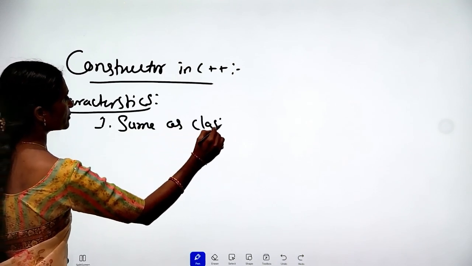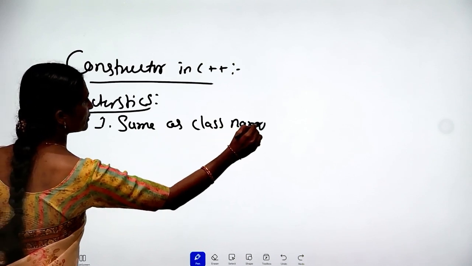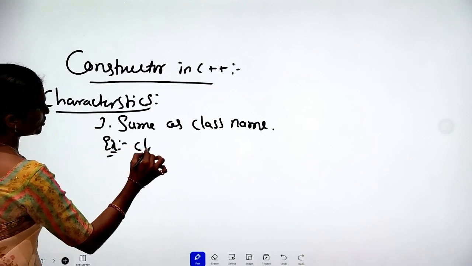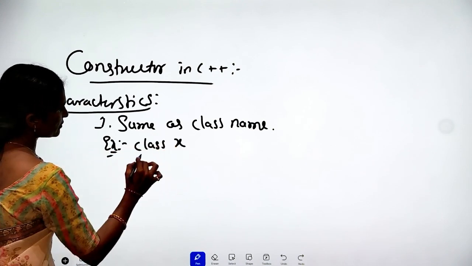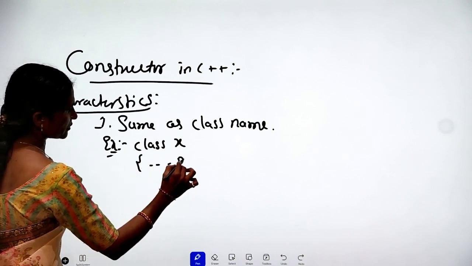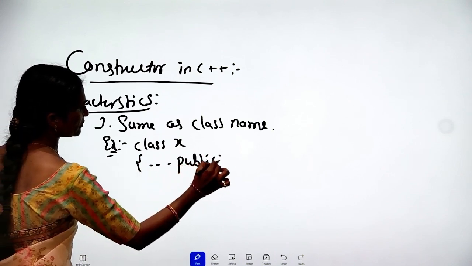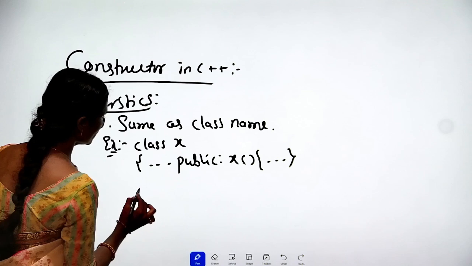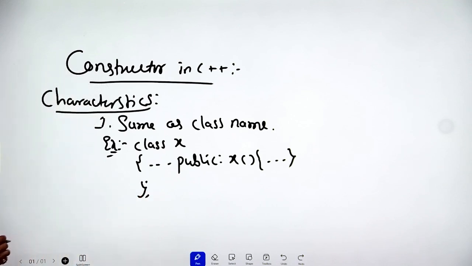For example, I mentioned already, class, then public, X is the value.